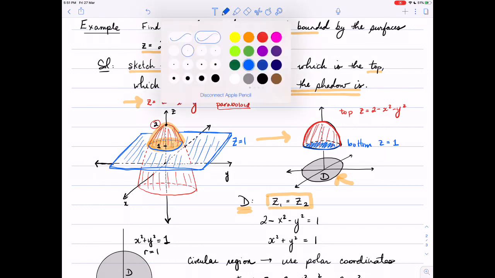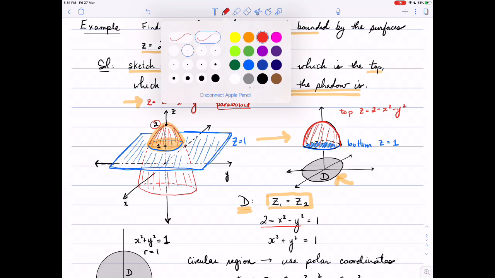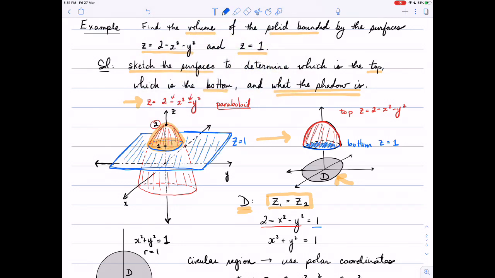So if we take the paraboloid, 2 minus x squared minus y squared, and we set it equal to the plane, z equals 1, bring the variables over on one side and the constants to the other, we're going to find this equation. X squared plus y squared is equal to 1. Well, that's our region D, or at least that's the outside boundary of our region D.